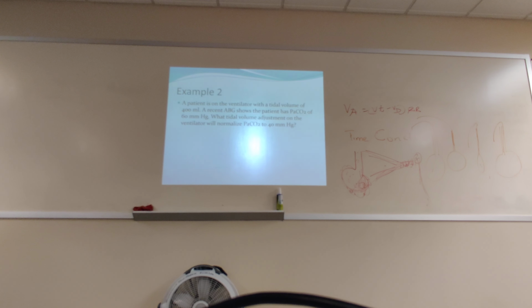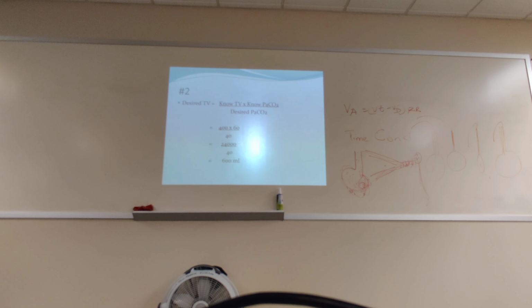Number 2. A patient is on the ventilator with a tidal volume of 400. A recent ABG shows the patient has CO2 of 60. What tidal volume adjustment on the ventilator will normalize the CO2 to 40? The same formula, other than I'm going to put the tidal volume where the respiratory rate was.